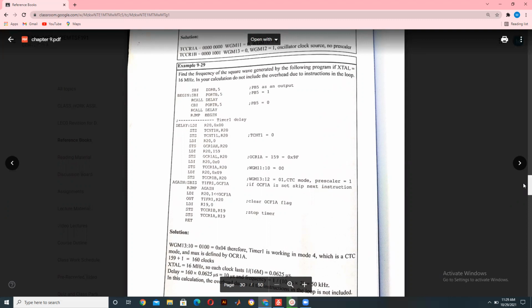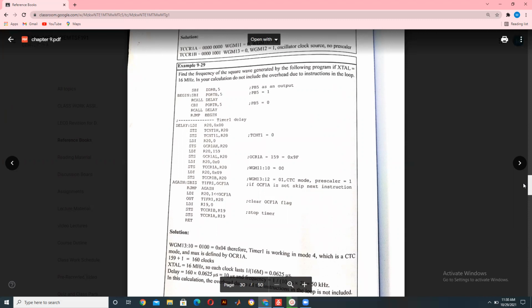First of all, we calculate our WGM13 to WGM10, which is equal to 0100, that is 0x04 in hex. Therefore, timer 1 is working in mode 4. After that, we have 159 which we detected in the code.